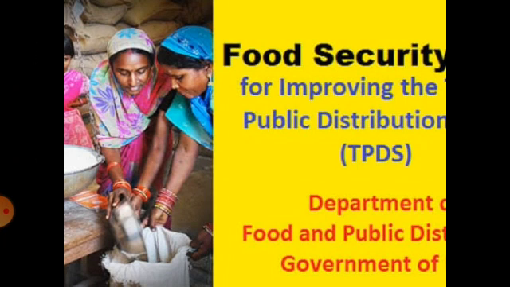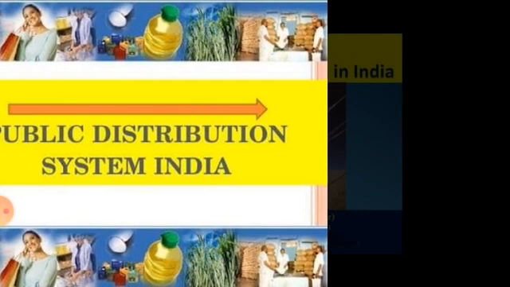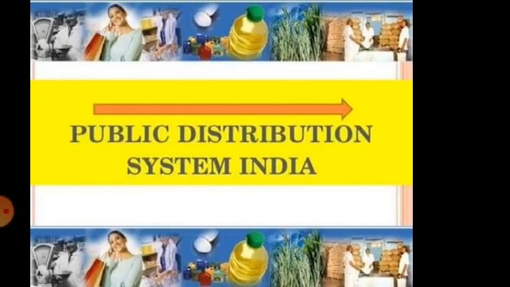The nature, scope and functioning of PDS varies from state to state. While Tamil Nadu has adopted a universal PDS, the rest of the states in India have a targeted PDS. Under universal PDS, all the family ration card holders are entitled to the supply from PDS.